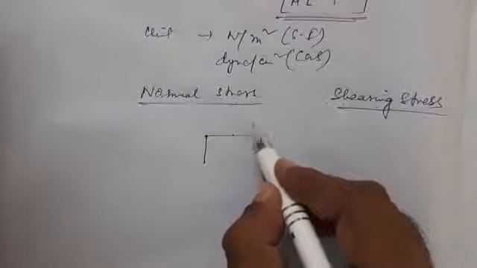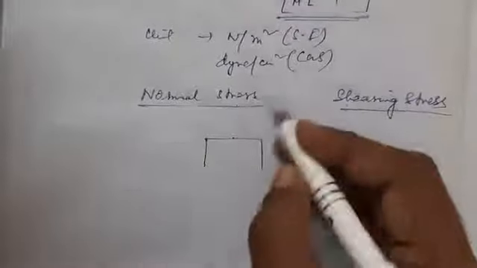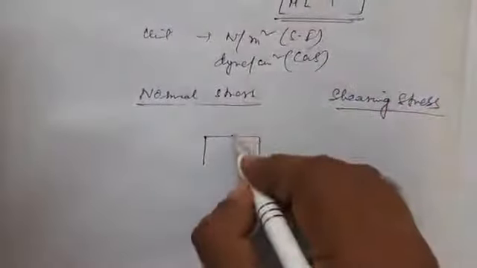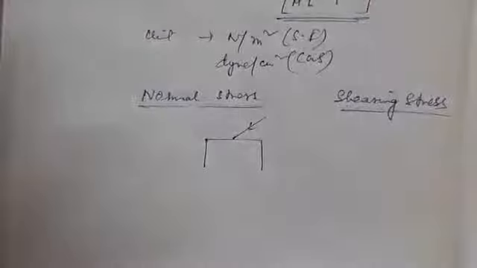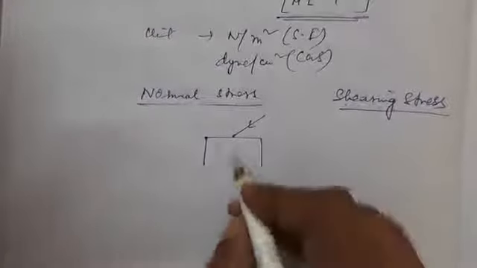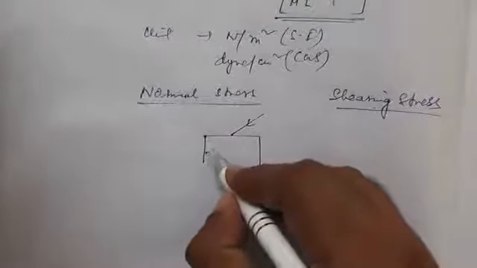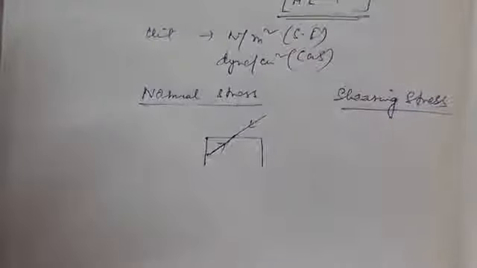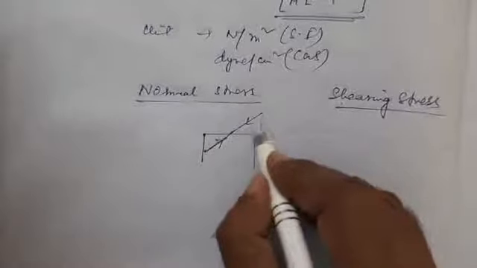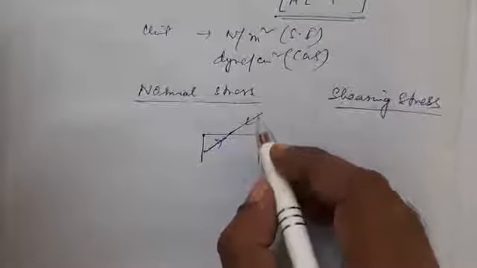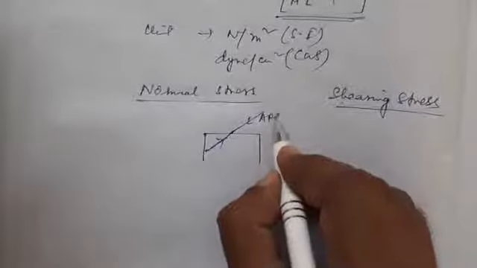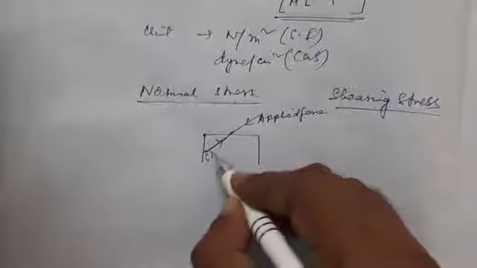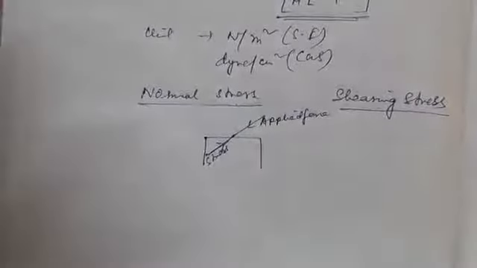Now if we apply a force in an angular style, the reaction force or the stress developed will be also in the same line but in the opposite direction. The arrow sign will be in the opposite direction. So you can take this part to be the applied force, and this reaction force we can name as stress.